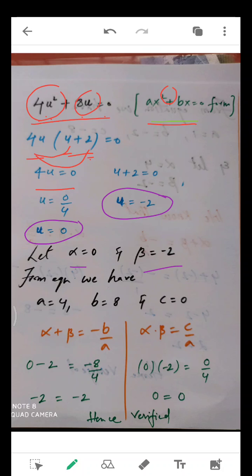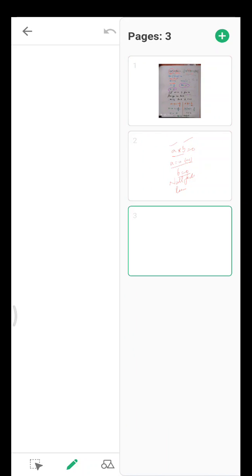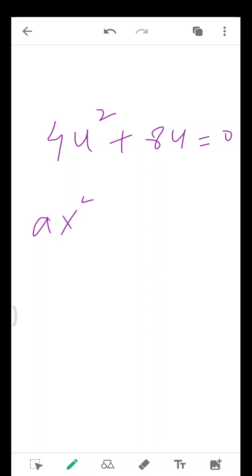Now from the equation, again comparing our equation with ax square plus bx plus c, in the rough column, our equation is 4u square plus 8u equals 0. If I compare this with ax square plus bx plus c equals 0, what is the coefficient of x square here?